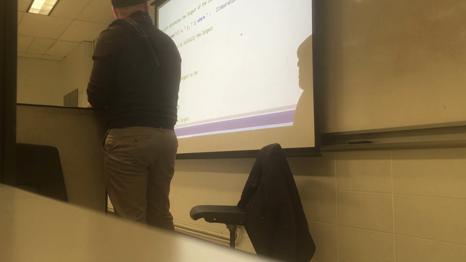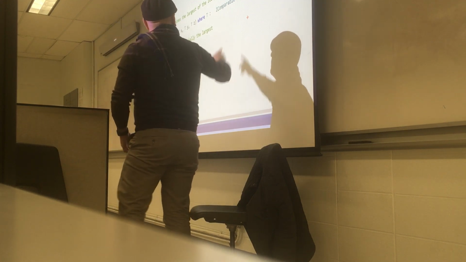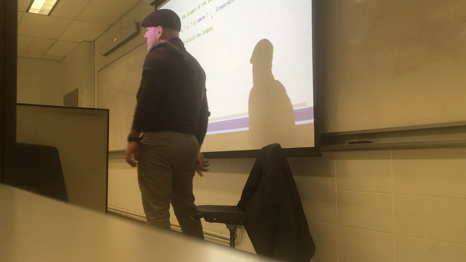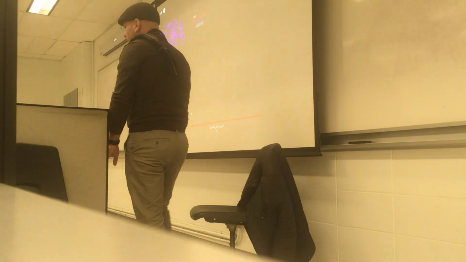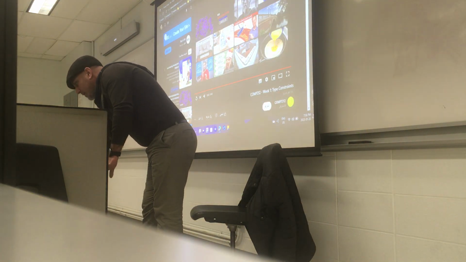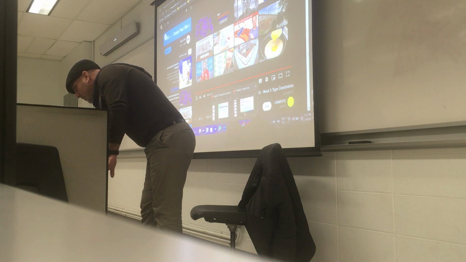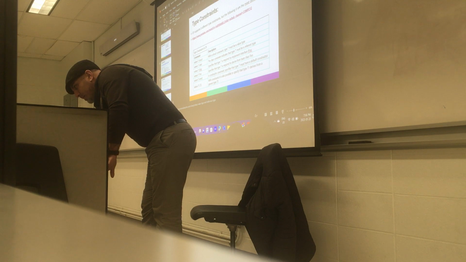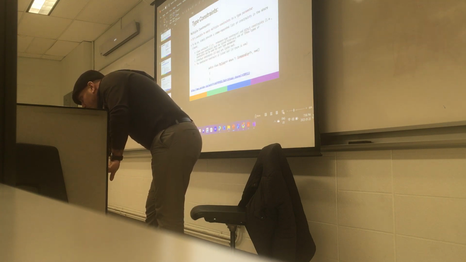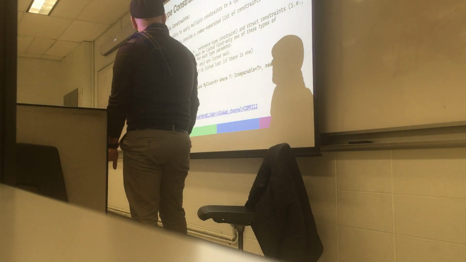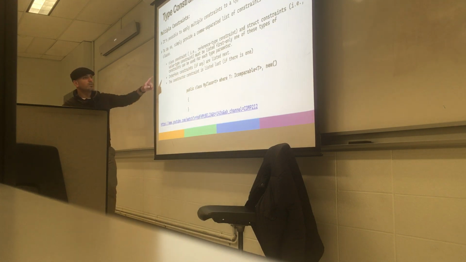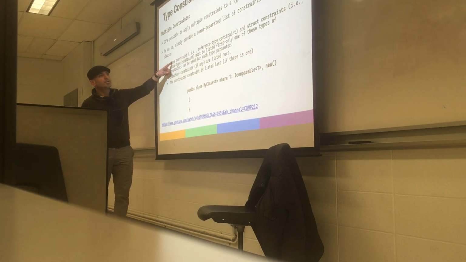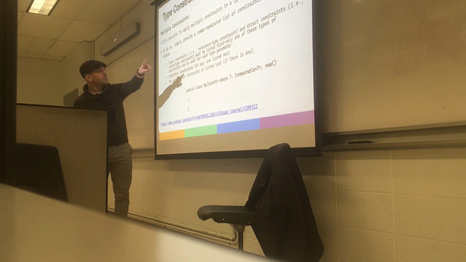The class type constraint and struct type constraint have to be before the IComparable generic interface. This is the order: class and struct.